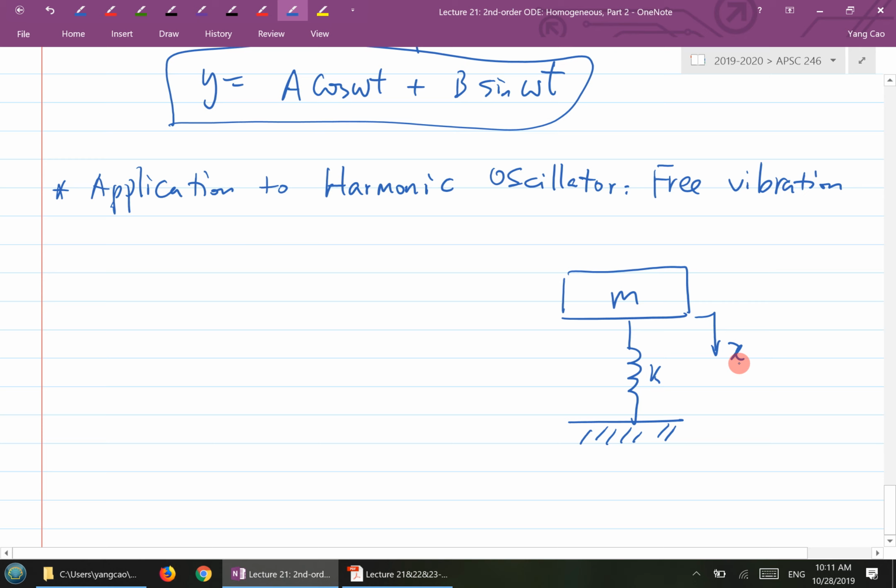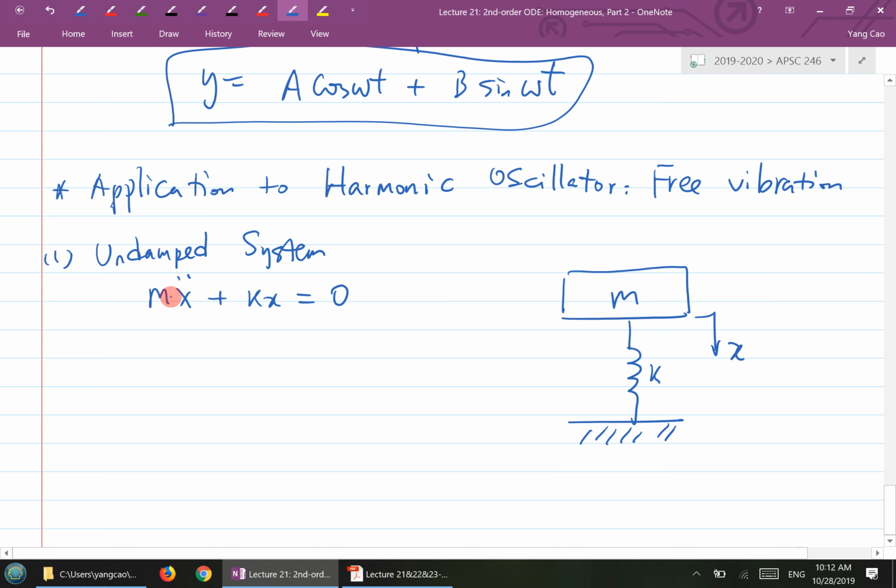So if you model this system, you get m x double dot plus k times x equal to 0. Right? And this is the model of the system. This case we're going to categorize as a so-called undamped system, because there's no damper.